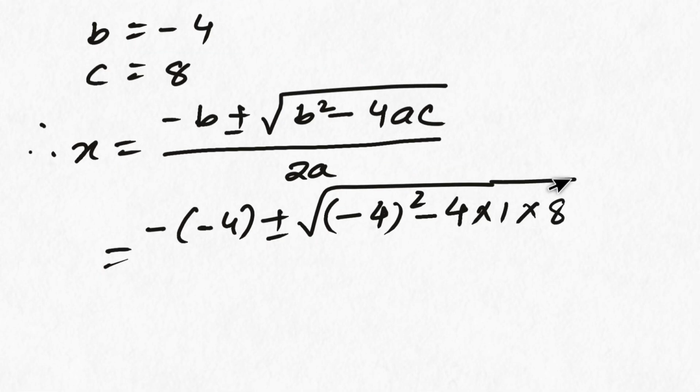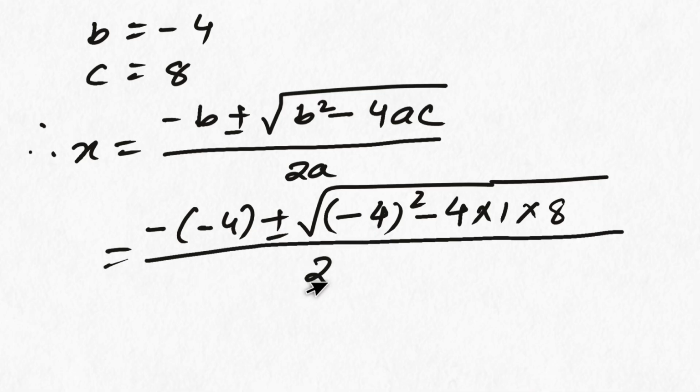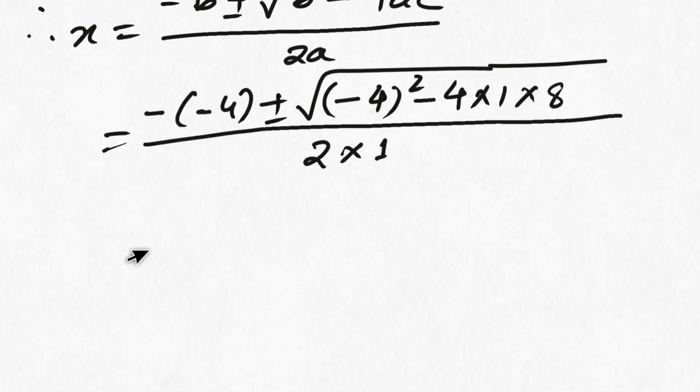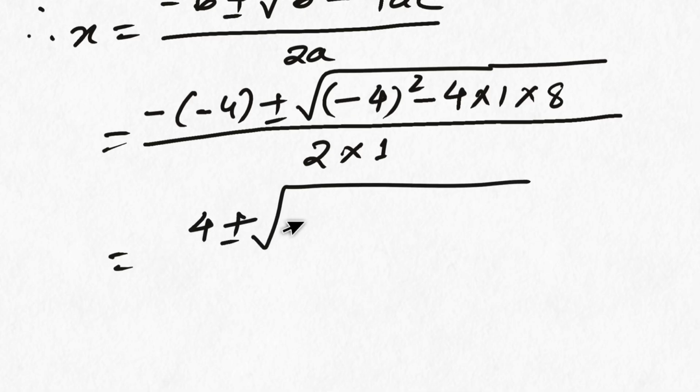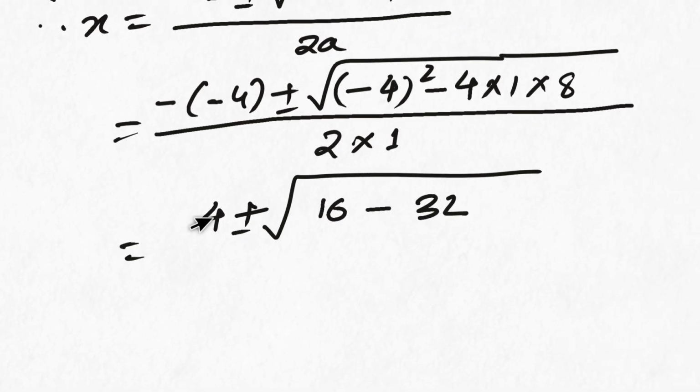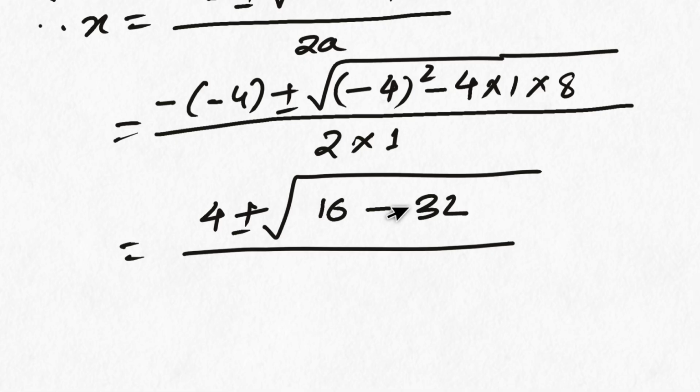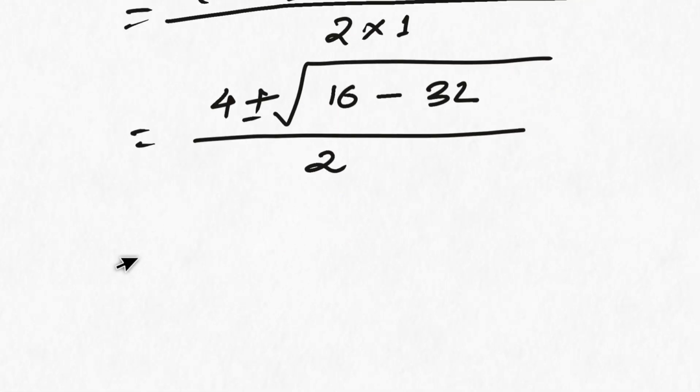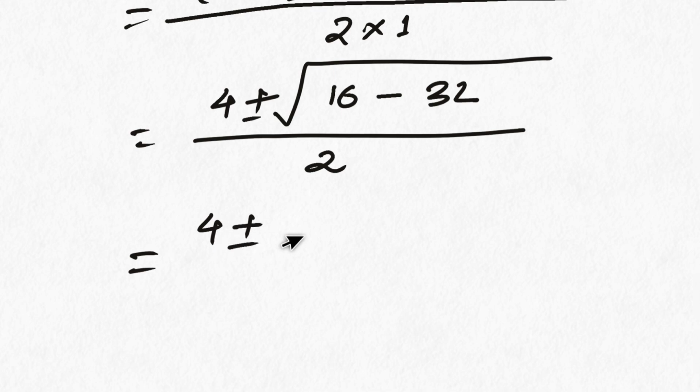This entire expression is all over 2 times 1. Simplifying that, the negative of negative 4 becomes a positive 4. Inside the square root, negative 4 squared is 16, and 4 times 1 times 8 is 32. So we have 4 plus or minus the square root of 16 minus 32, all over 2. This simplifies down to 4 plus or minus the square root of negative 16, all over 2.